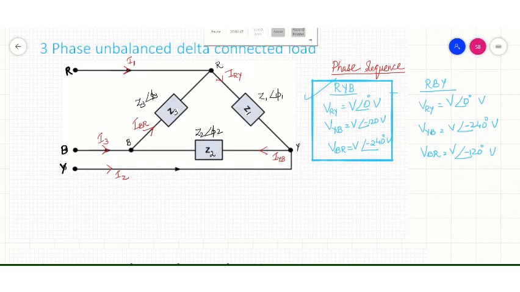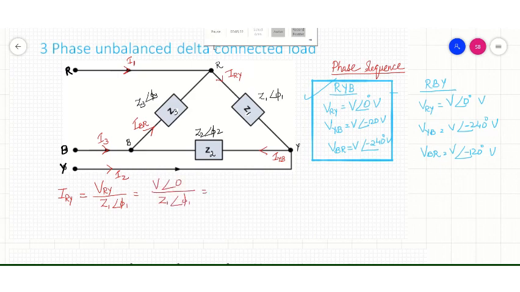Let's first consider the phase currents. The first current, IRY, is the current from the terminal R to Y. So IRY will be equal to the voltage between terminals R and Y divided by the impedance in that phase, which is Z1 angle phi 1, which is equal to VRY, V angle 0 degree.